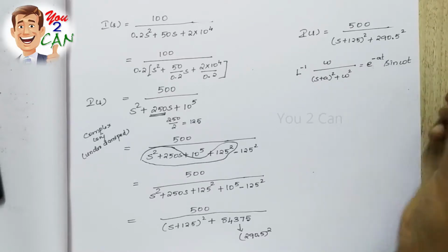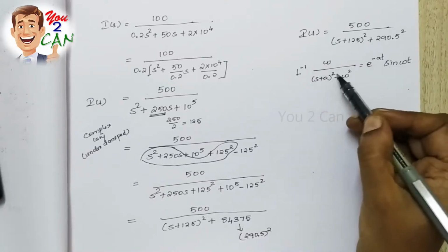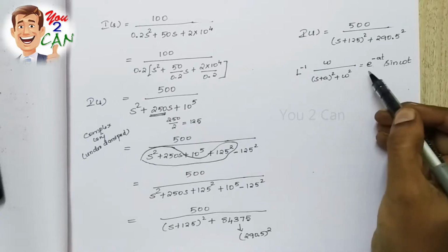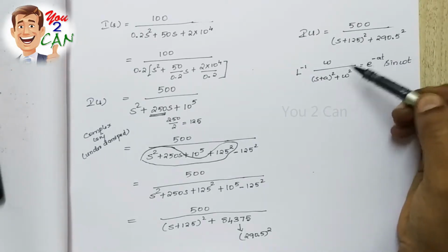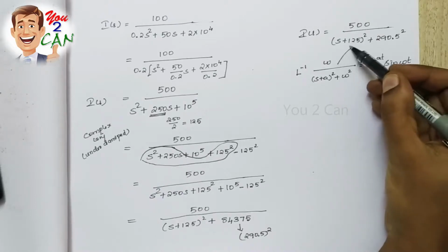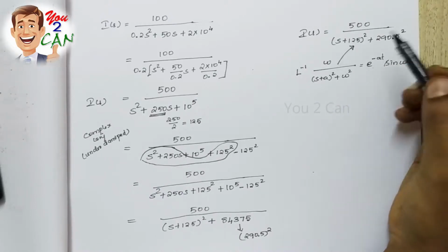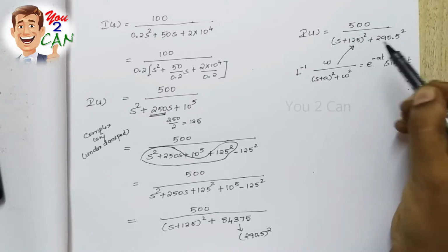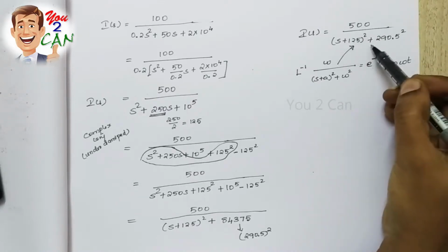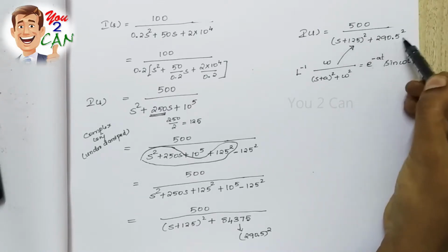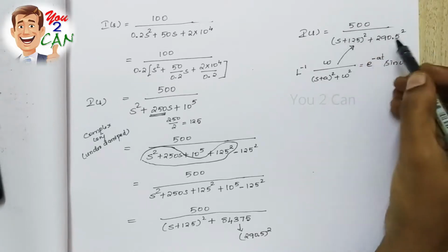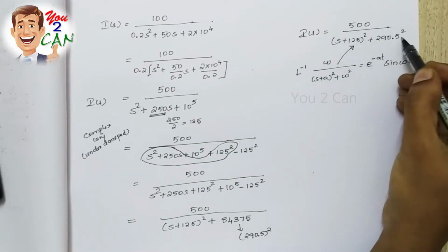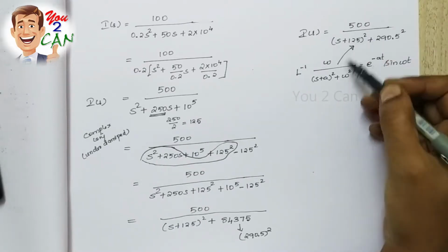So Laplace inverse of omega by s plus a the whole square plus omega squared is e power minus at sin omega t. But we can apply this for this condition. Here it is s plus a the whole square plus 290.5 square, but in the numerator we have 500. So if this 290.5 is in the numerator, we can write it like this.